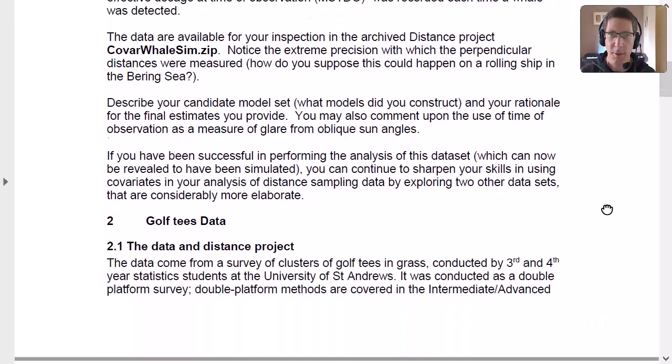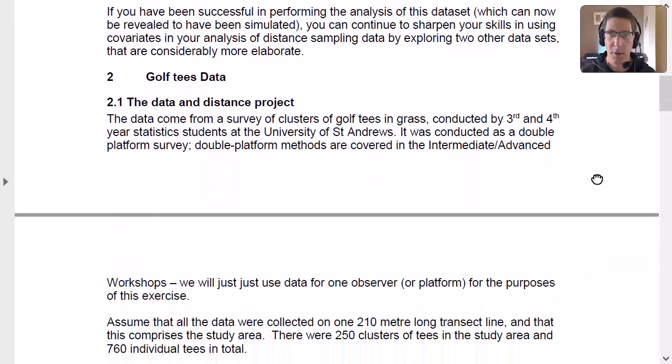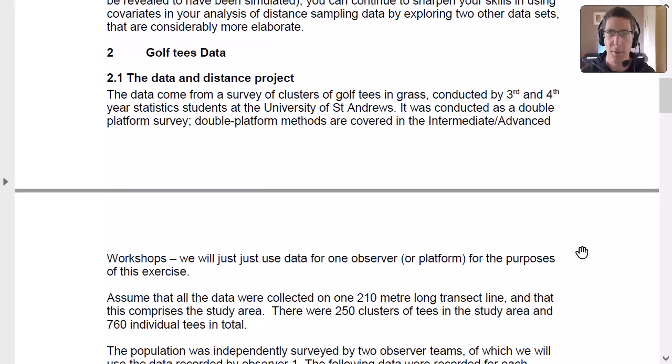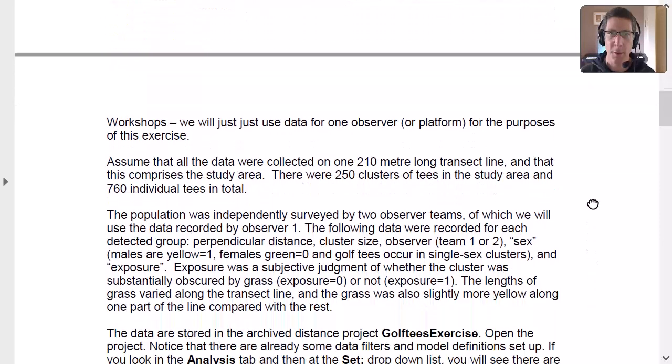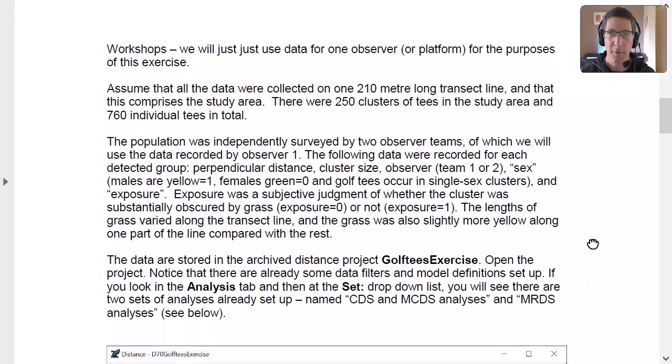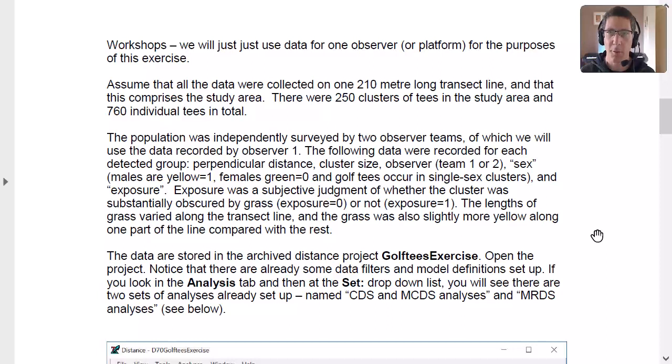The second data set is also simulated in some sense, but it's real data in another sense. So it comes from clusters of golf tees that we set up in the grass here at the University of St Andrews, and had third and fourth year undergraduate students do the survey. So it's a simulated experiment, but it's real line transect data. And the reason that there are covariates is that we have different types of golf tees.